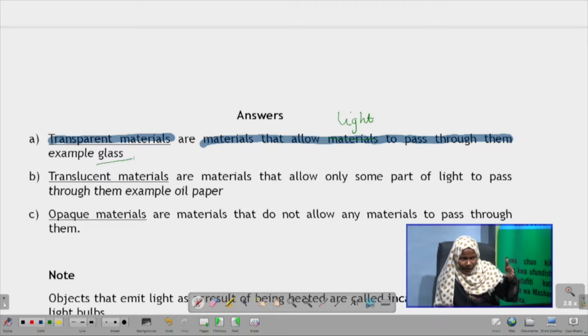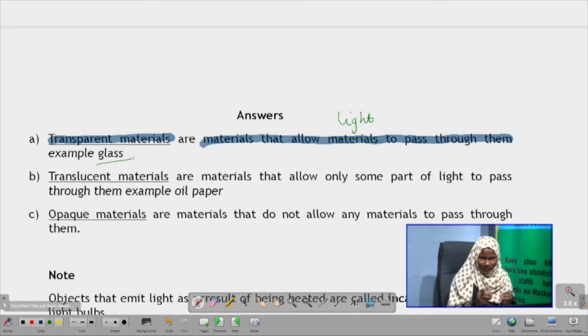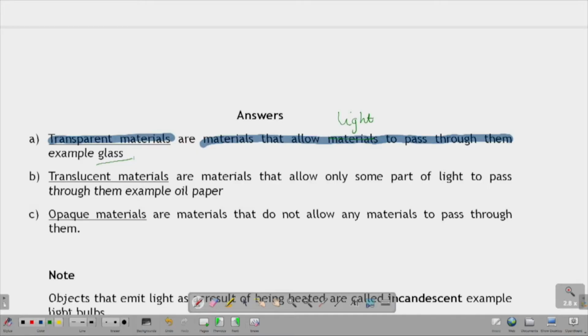When a ray of light strikes that surface, it allows it to pass. Those materials are what we call transparent materials. If we have light in this room and a glass door, a person in front of the door, outside this room, is going to see the light, because glass is a transparent material.